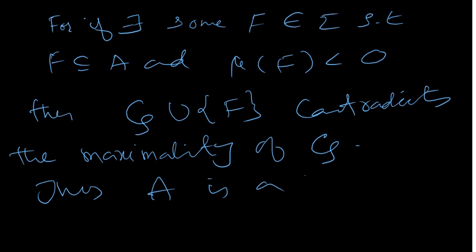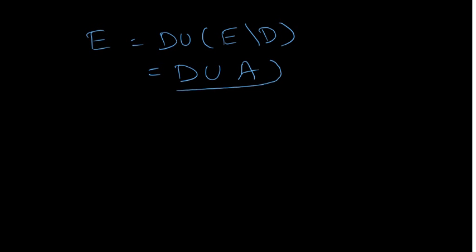So this is not the case. Thus A is a positive set. And this E is equal to D union E minus D, which is actually equal to D union A, where this A is a positive set and this D is a negative set.